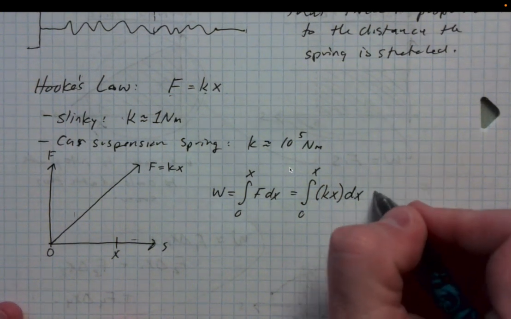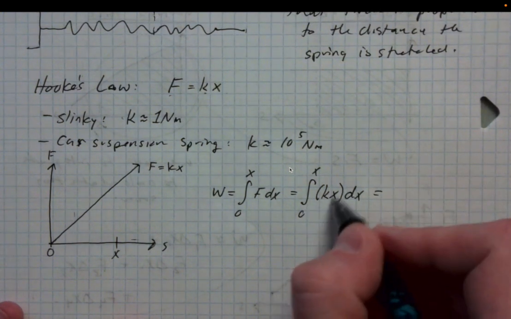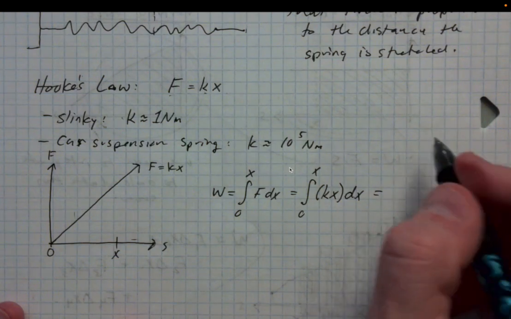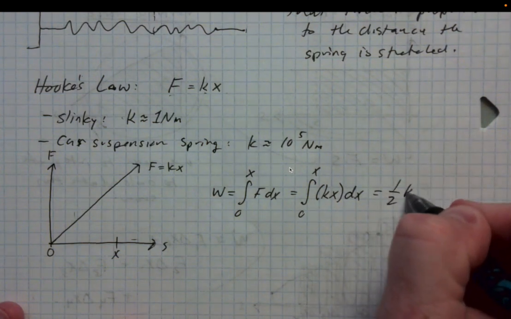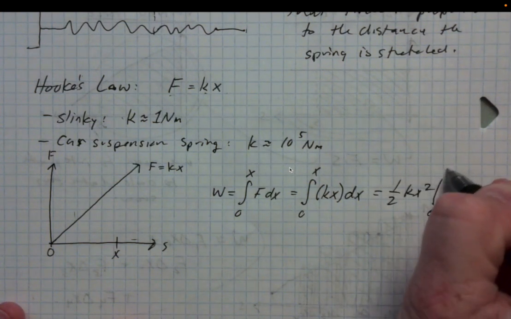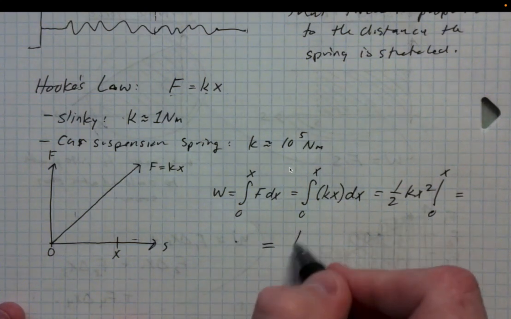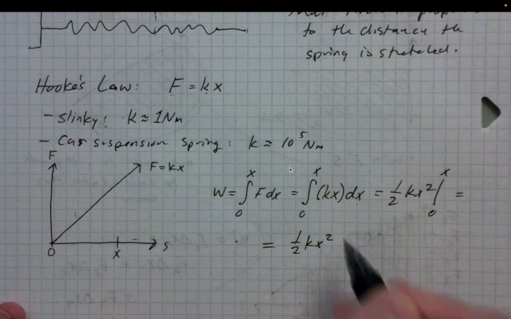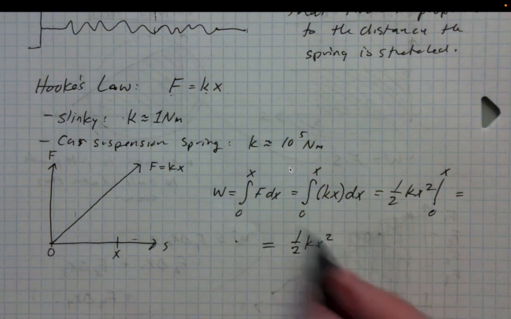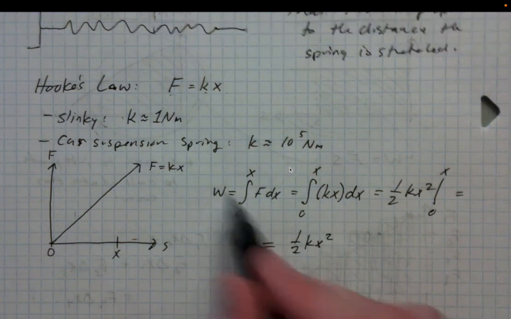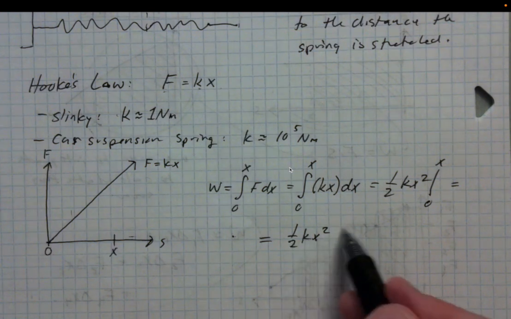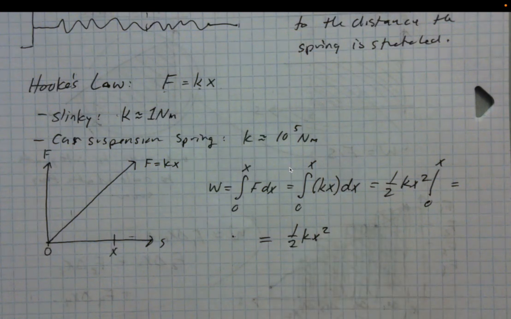And that integral of kx dx is 1/2 kx squared. So for a spring, the amount of work done in stretching it is equal to 1/2 kx squared, where x is the distance beyond the natural state that you've stretched it.